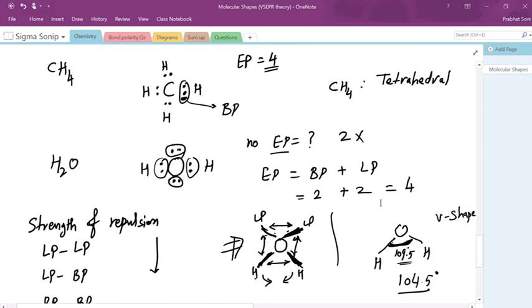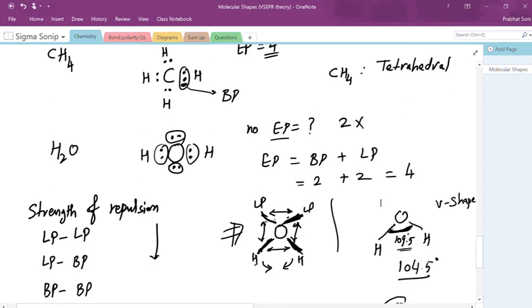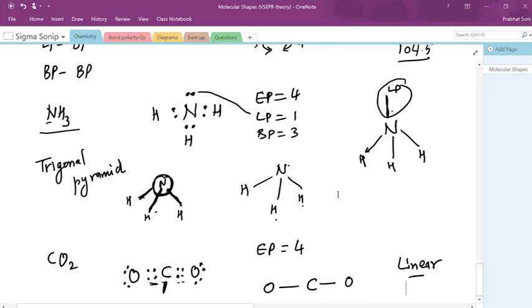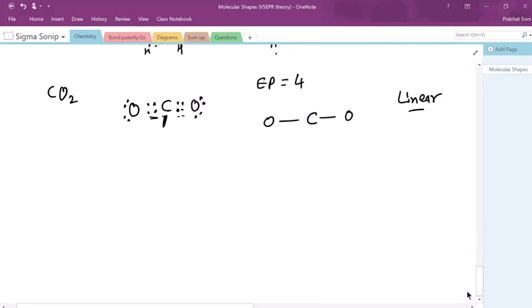One more thing I want to make clear here, that we have looked at electron dot diagrams, and we are familiar with structural formula. So the structural formula of methane was this, CH4. The structural diagram of water was this. Now this structural diagram gives you information, but it can provide additional information if we show lone pairs as well.